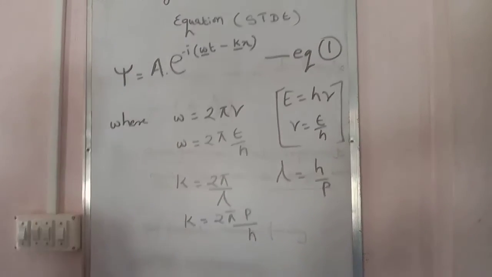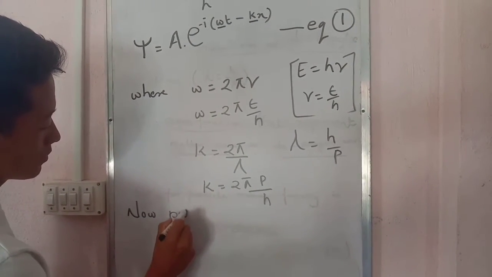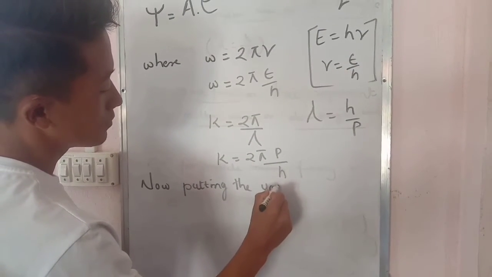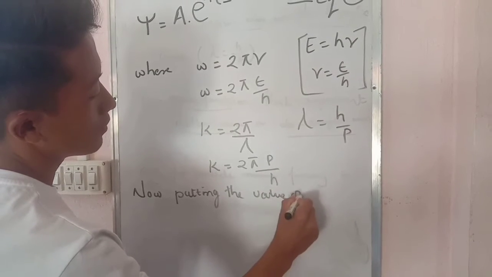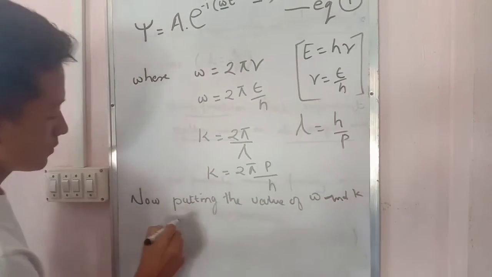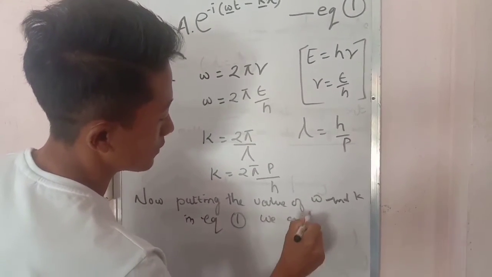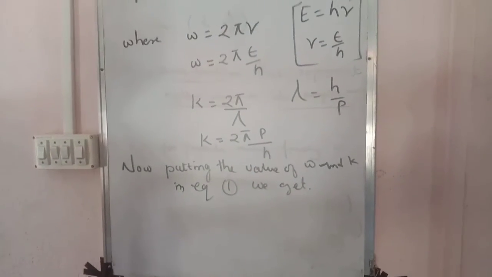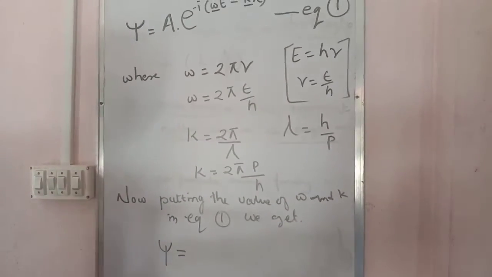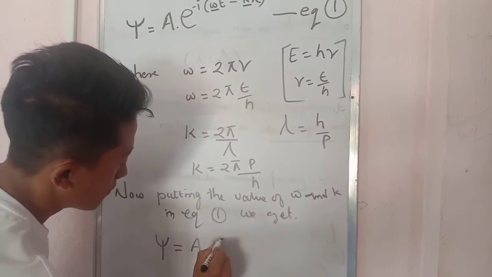Now putting the values of omega and k in equation 1, we get psi equals A e to the power minus i.